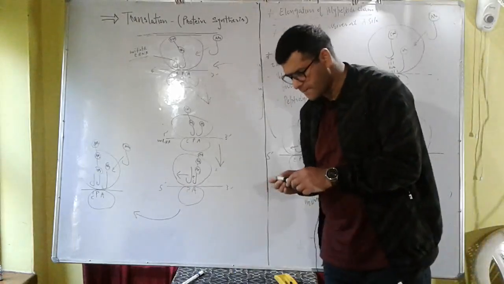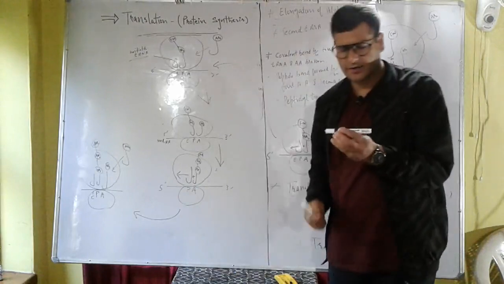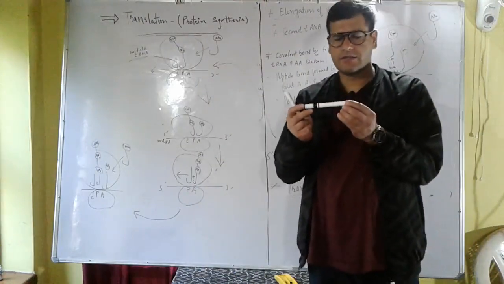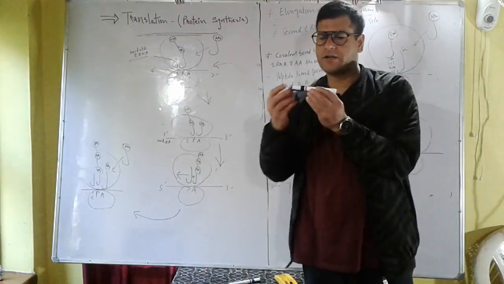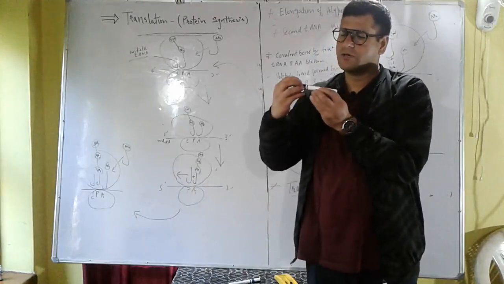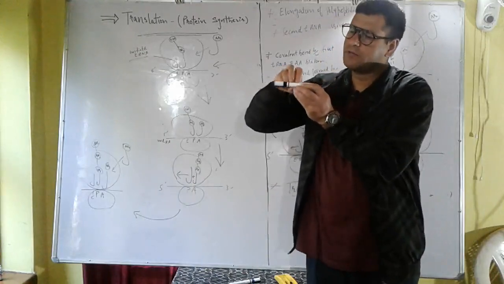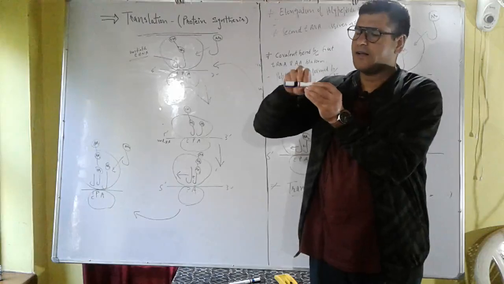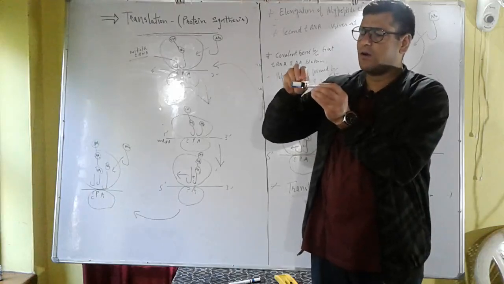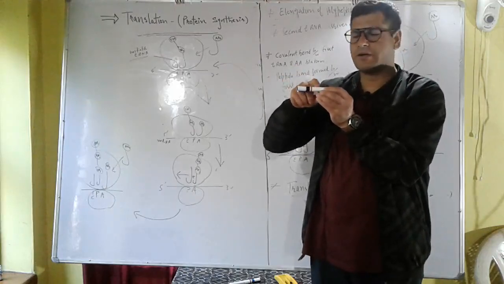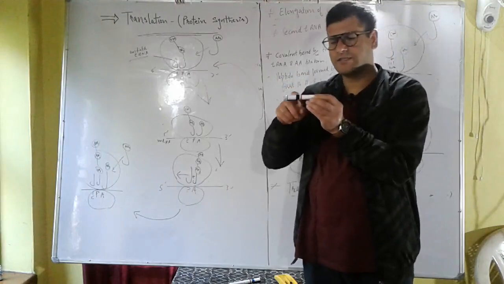For example, this is messenger RNA, and this is the ribosome. It physically moves along the mRNA. As a result, all the codons present in the mRNA get exposed at the A site.